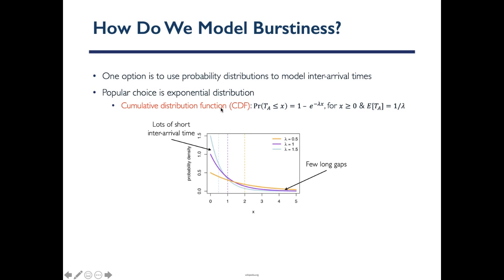So the difference, CDF is basically the probability that this is less than this. PDF is basically sort of, not exactly, a point-wise probability.